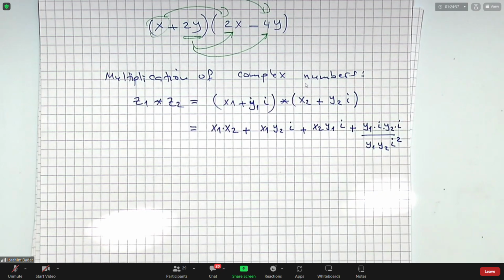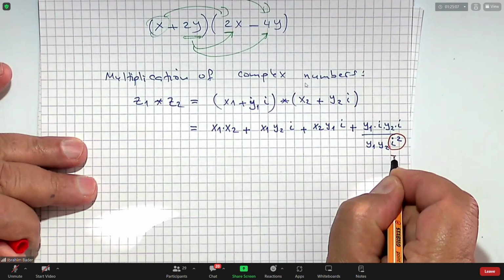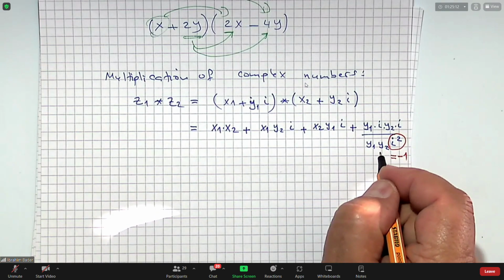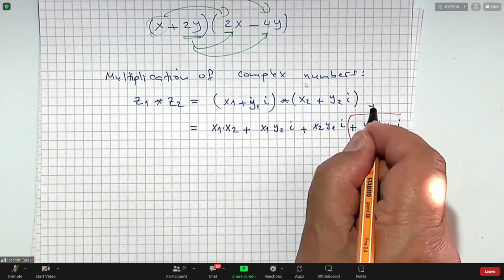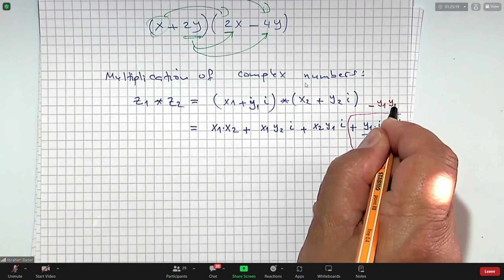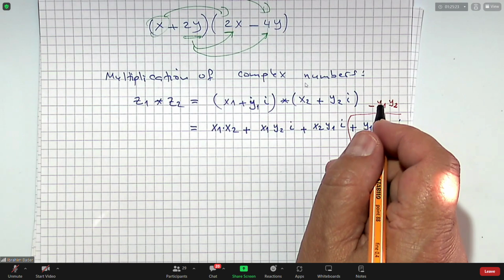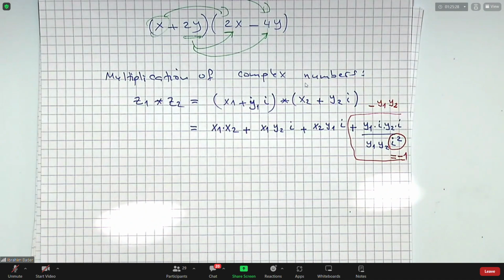So everyone agrees? Now look, here is the difference in complex numbers. What is i squared in complex numbers? -1. If you multiply it with y1, y2, all this will become minus y1 y2. Not only that, this one will go to the real part of the result of the multiplication.